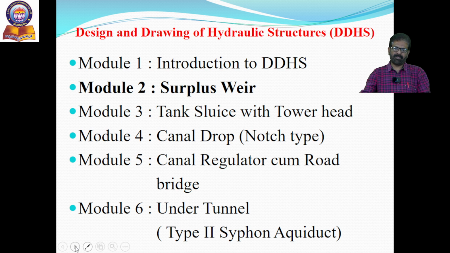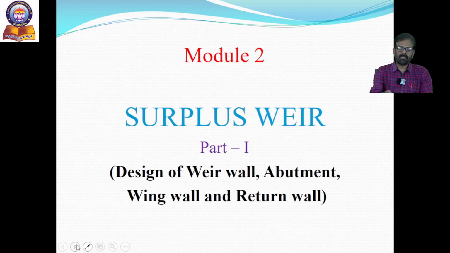In this video, I will try to cover the first part of the surplus weir, which contains the design of the weir wall and some other components. Part 1 consists of the design of the weir wall, abutment, wing wall and return wall.